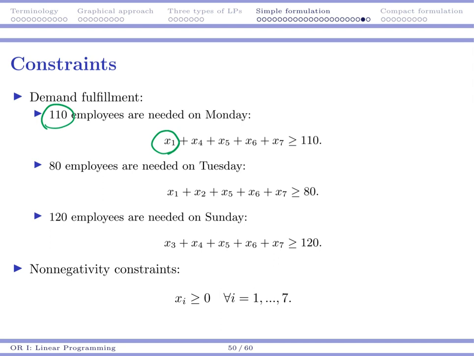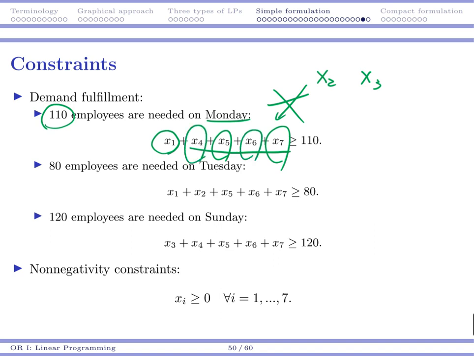Monday is their holiday. So we don't have X2 and X3 on the left-hand side of this constraint. Instead, we have X4, 5, 6, and 7, because if you start to work on Sunday, you also work on Monday. If you start to work on Thursday, Friday, Saturday, you also work on Monday.